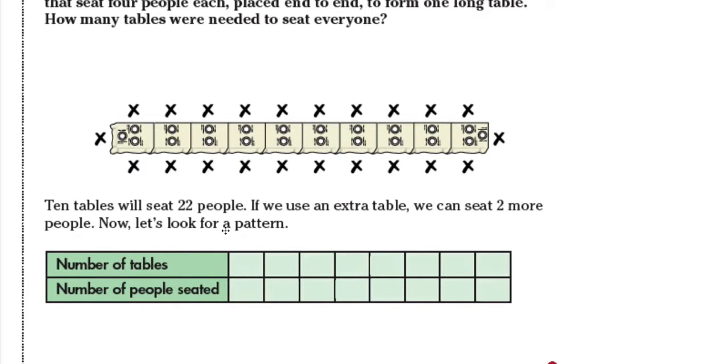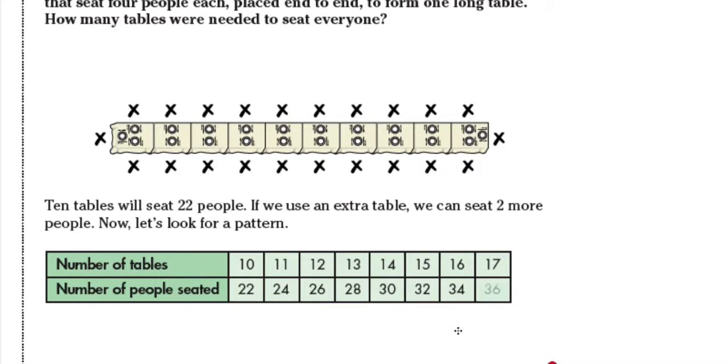Now let's look for a pattern. If 10 tables can seat 22 people, if we add another table, it can seat 24 if we add it in the middle. If we add one more table, we get 26. One more table, 28. 14 tables, 30. 15 tables, 32. 16 tables, 34.